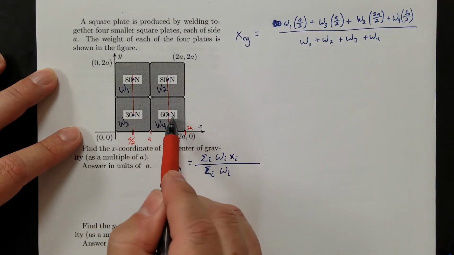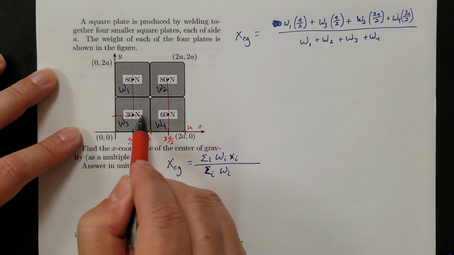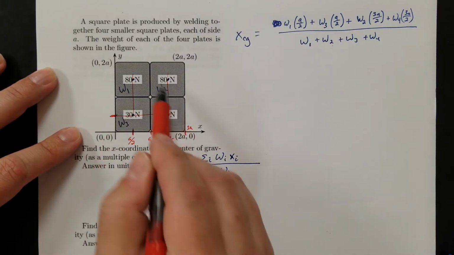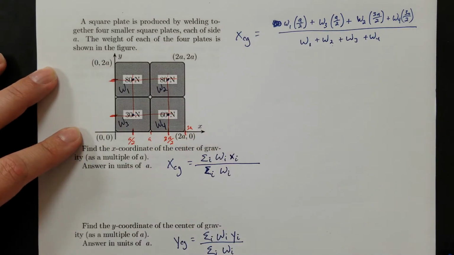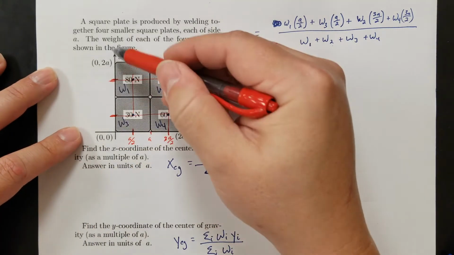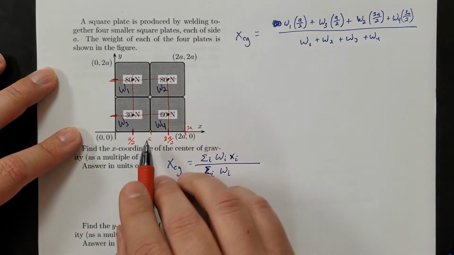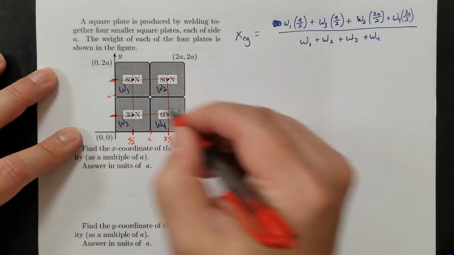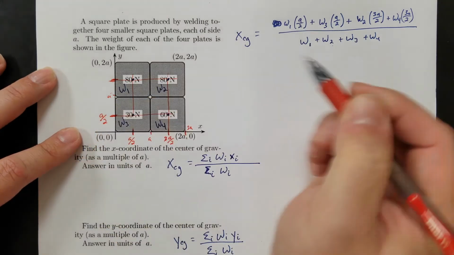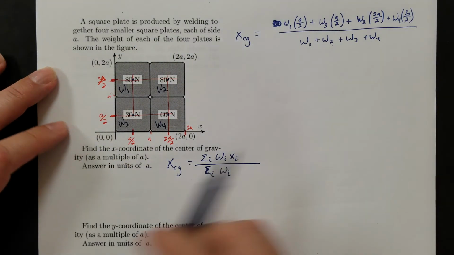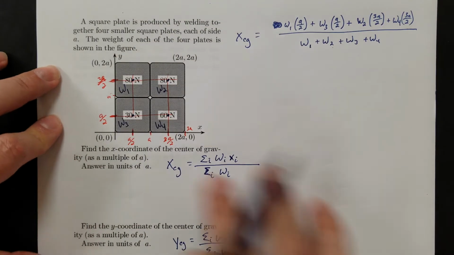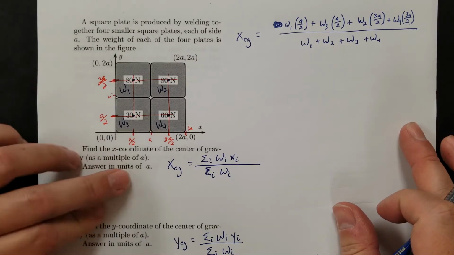Here are my centers of mass. See how these two line up right there, and again these two line up right there? Again, this goes from 0 to 2a, so this is a, here is a over 2, and here's 3a over 2. It's going to look exactly like it did before, except now I'm looking at it on the y-axis instead of the x-axis.